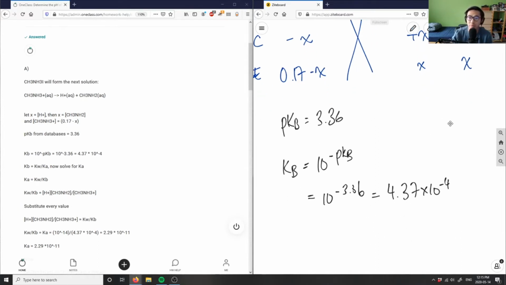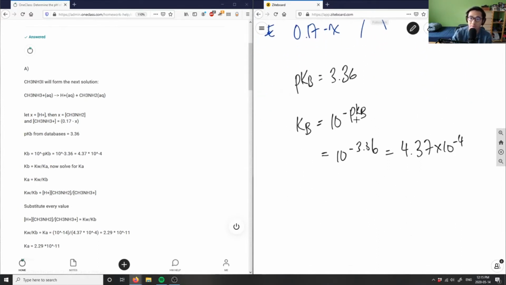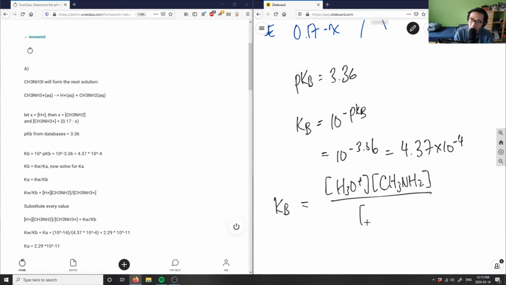Now we can write our equilibrium expression. I have my K, and then my concentrations. It's going to equal the concentration of my hydronium times the concentration of methylamine, divided by our reactant, CH3NH3+.